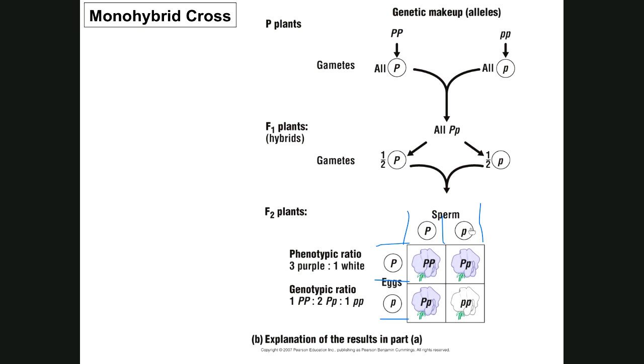But then Reginald Punnett says, there's a probability that this sperm could fertilize this egg. Therefore, we end up with an offspring that's homozygous, like this one up here, but it's not the same because it's homozygous recessive.